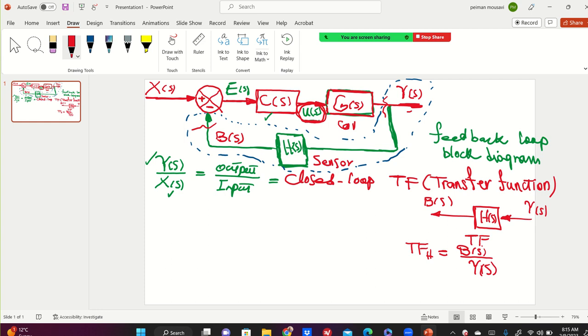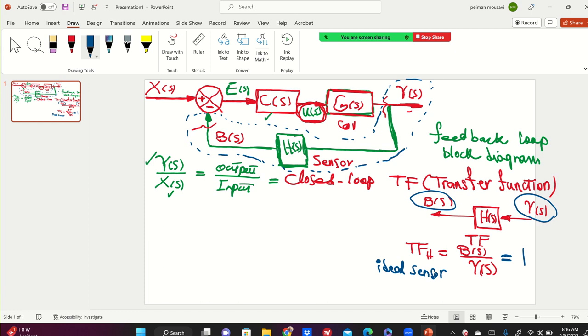If your sensor works perfectly, meaning whatever goes inside is sent out without any error, we name this an ideal sensor. There's no noise affecting the sensor, it only converts the output to be compared to the input. So how much must it be? Whatever goes out is exactly as it was.